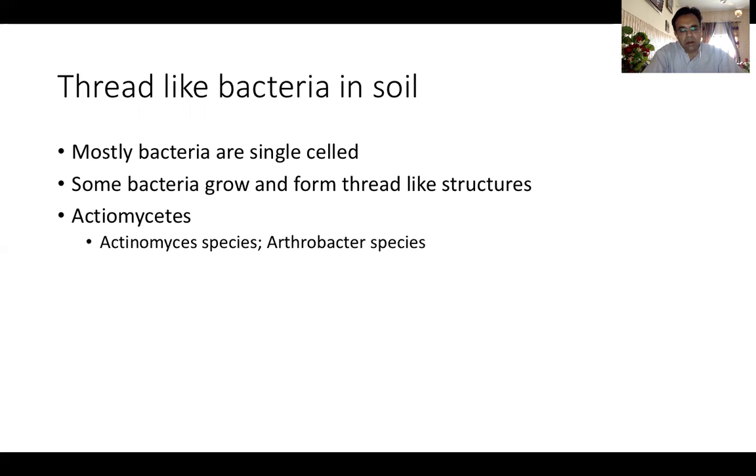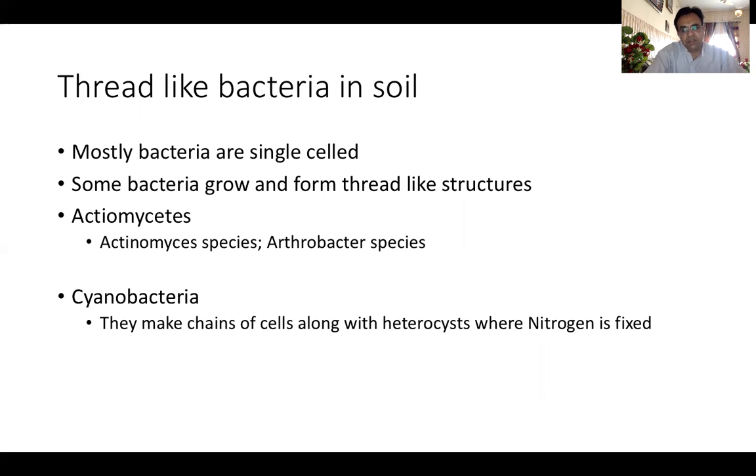They are basically actinomycetes. As I have already explained, they are much more abundant in the soil. One example of a species is Arthrobacter. Up to 67% abundance we see by this species.